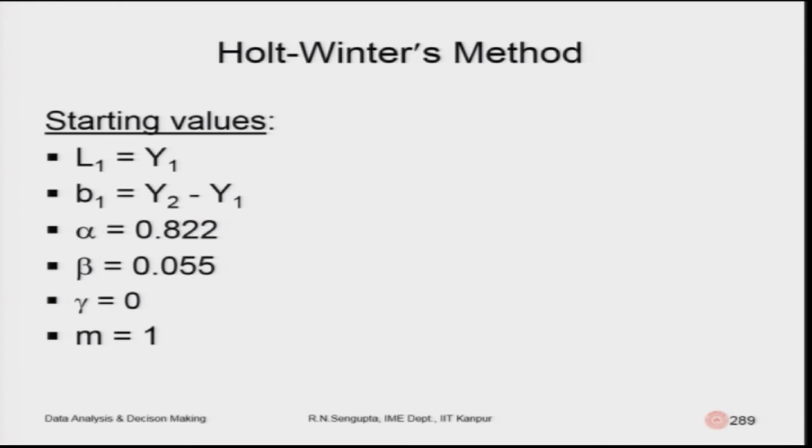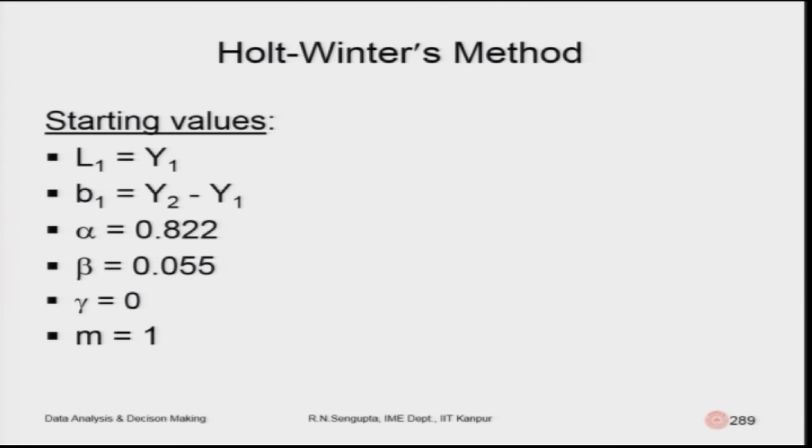We considered a value of alpha as 0.822, beta as 0.055 and gamma as 0. That means we are considering a weight of 82%, the trend component at about 5.5% and the seasonality component at 0%. These are the initial values.